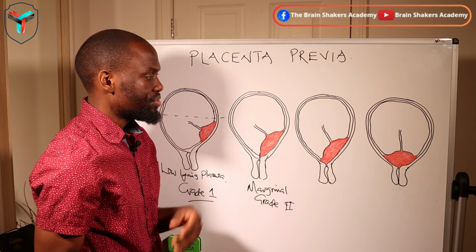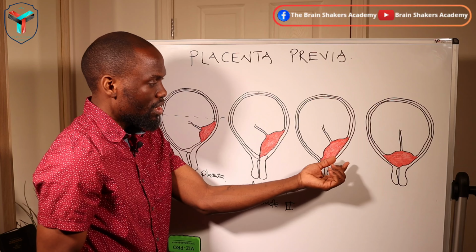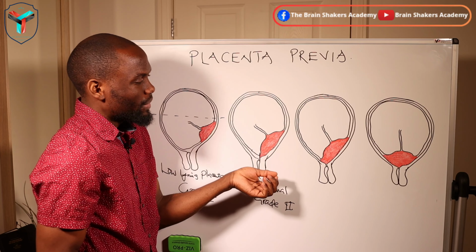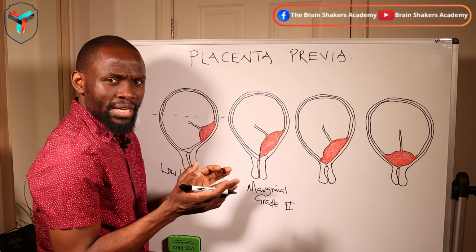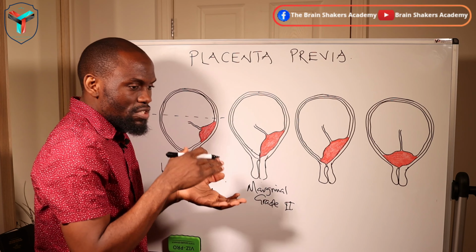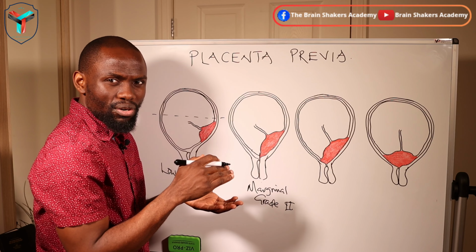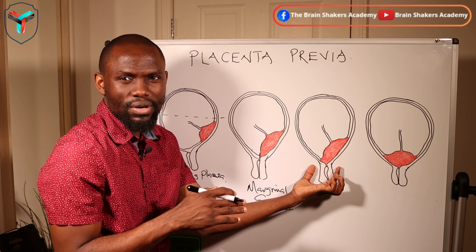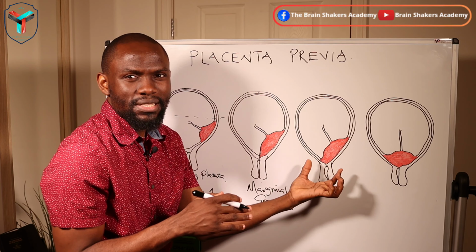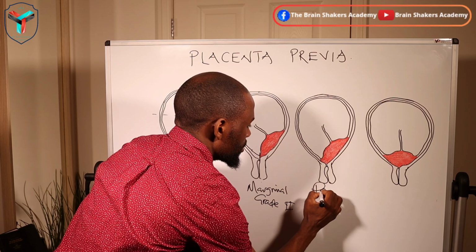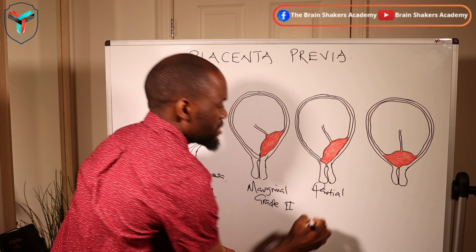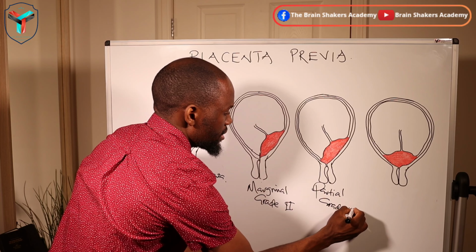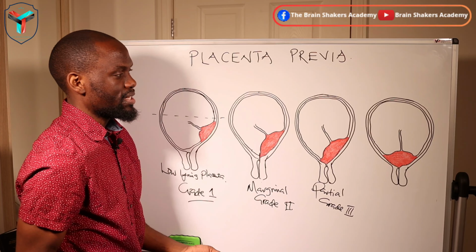And then we come to the third diagram here, which goes through the cervical os, but does not completely cover it. It is just partially covering the cervical os, and because of that, it will be referred to as a partial placenta previa, also called a grade 3 placenta previa.